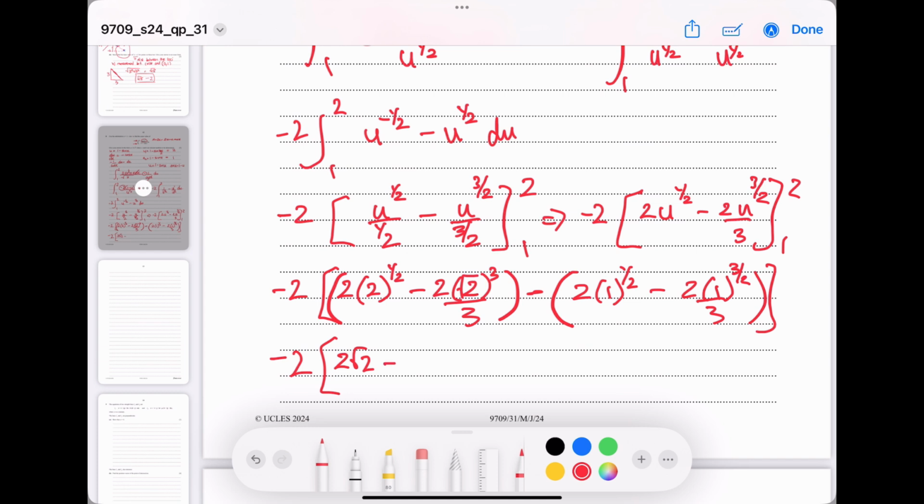minus, so it's 4 root 2 over 3. So it's just going to be minus 2 minus 2/3.